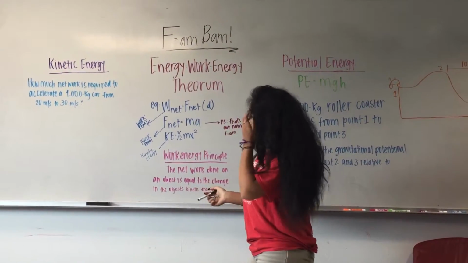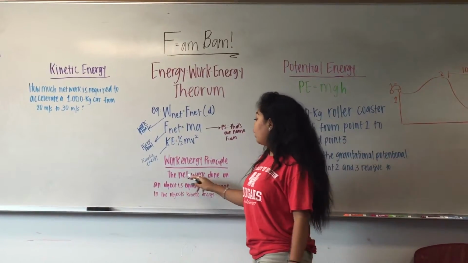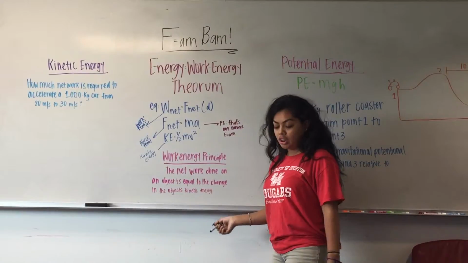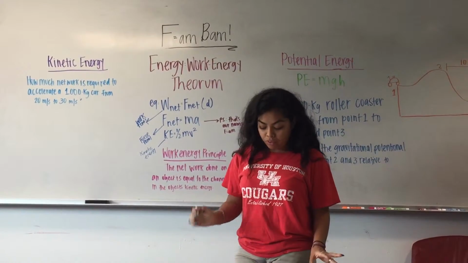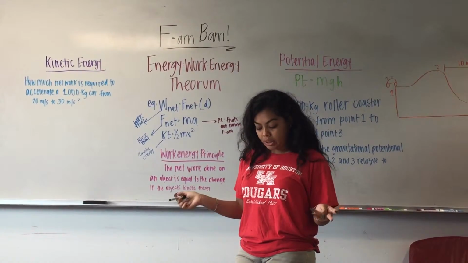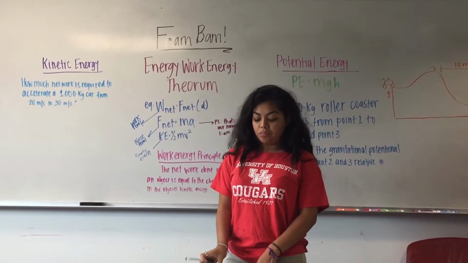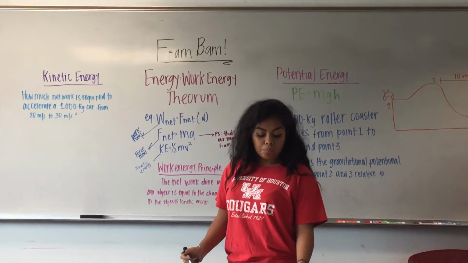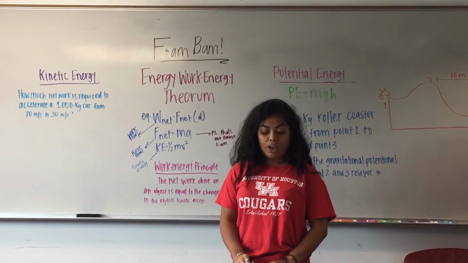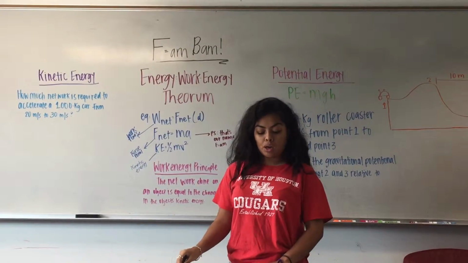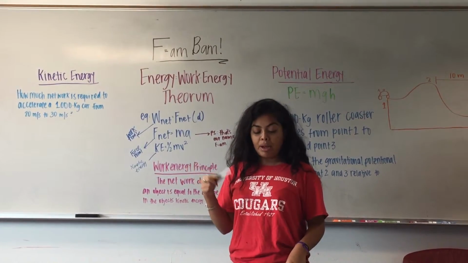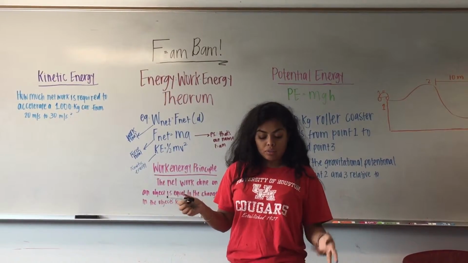The work energy principle roughly says that the net work done on an object is equal to the change in the object's kinetic energy. This is only valid when net work is done on an object. By Newton's law, if positive net work is done on an object, the object's kinetic energy increases by the amount of W, the work.